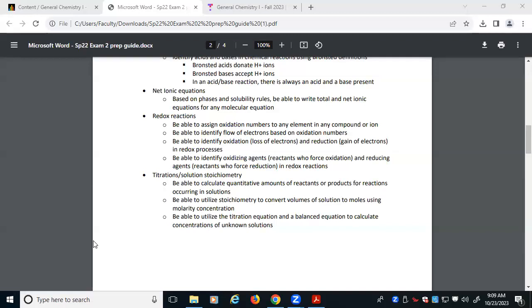And being able to carry out stoichiometry in solutions, using molarity as that bridge to moles. Or if I have two solutions, using the titration equation to figure out the molarity or the concentration or the volume of whatever is missing.